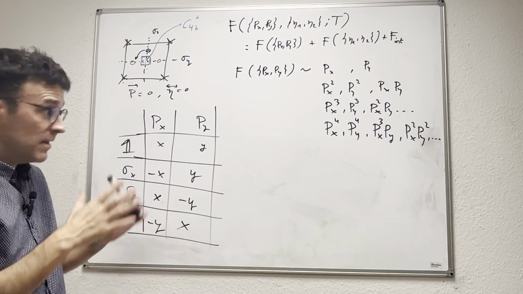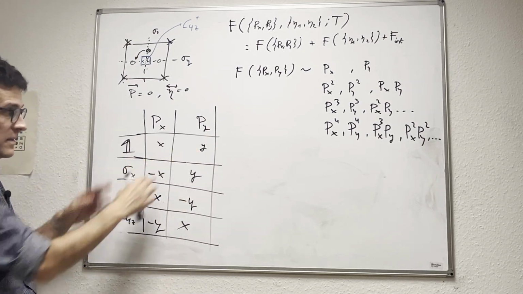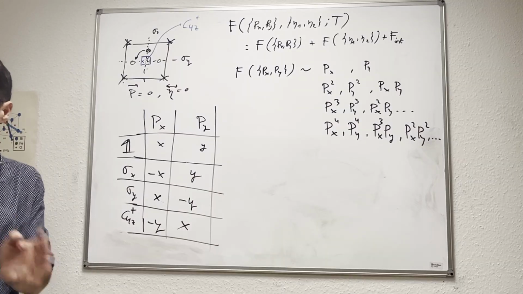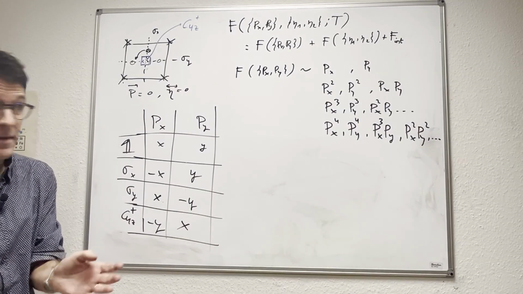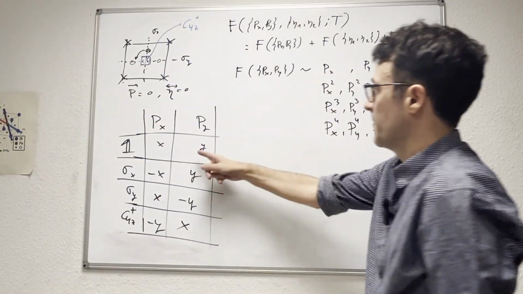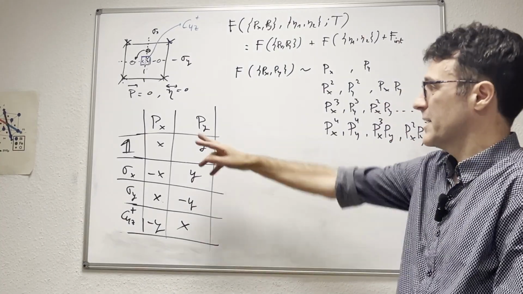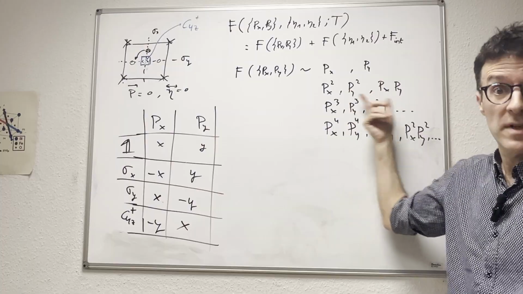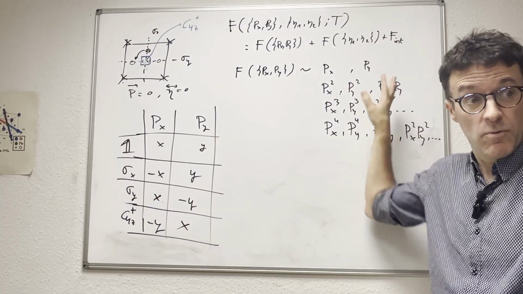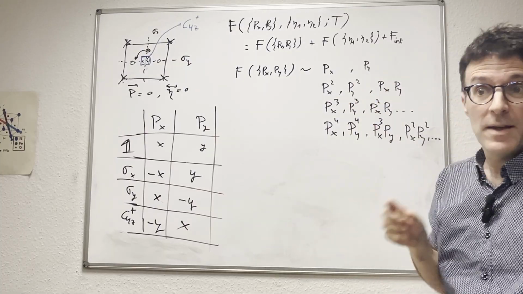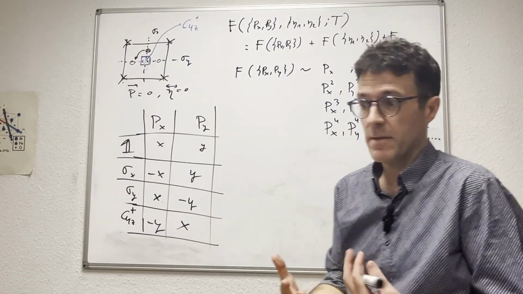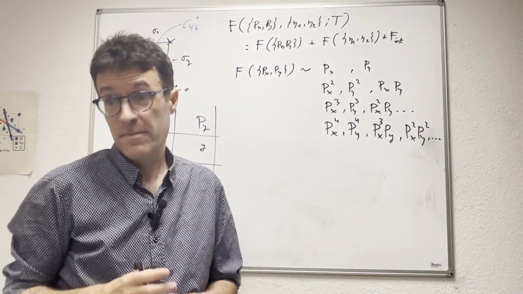All right, but now the key thing is that states 1, 2, 3, and 4 here have to have the same energy. So, if these guys have to have the same energy, and we express the energy as a linear combination of terms that are proportional to powers of the 2 components, it means that power by power, our energy has to respect this symmetry.